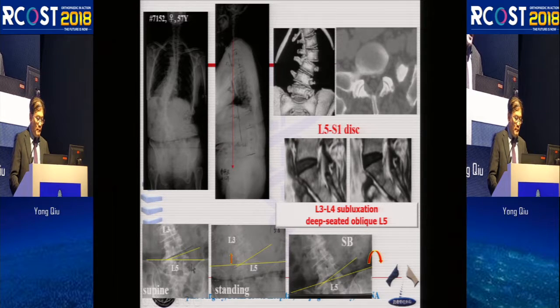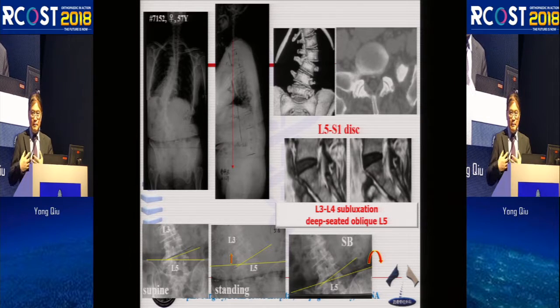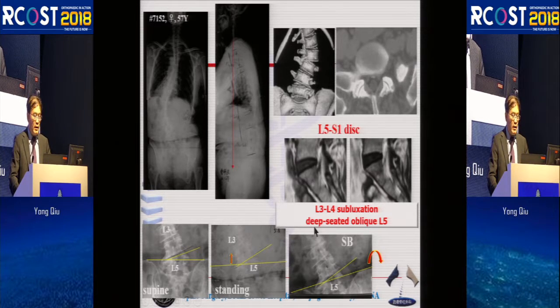On supine, standing, and bending films, you can see the relationship between L5 and the pelvis doesn't change. It means it's very structural, even though the L5-S1 disc looks very healthy. You can see the L5-S1 disc looks good.